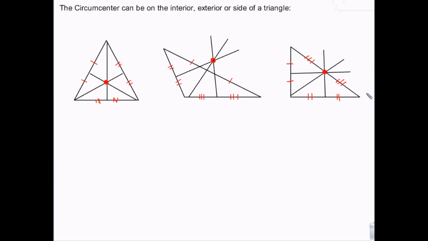Okay. Now the circumcenter can be on the interior, exterior, or on the side of a triangle. Okay. If you have an isosceles or an equilateral triangle, equilateral, your circumcenter will be inside the triangle. Okay, if you have a scalene, I could also say acute, or an obtuse triangle, it can fall outside.